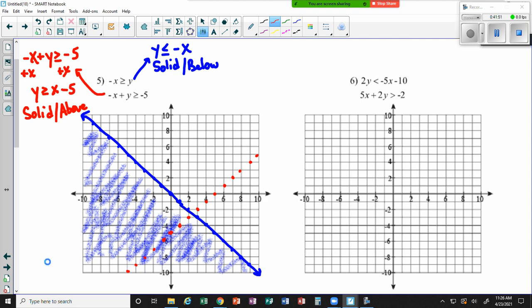Okay, so we needed a solid line. Shading everything above.